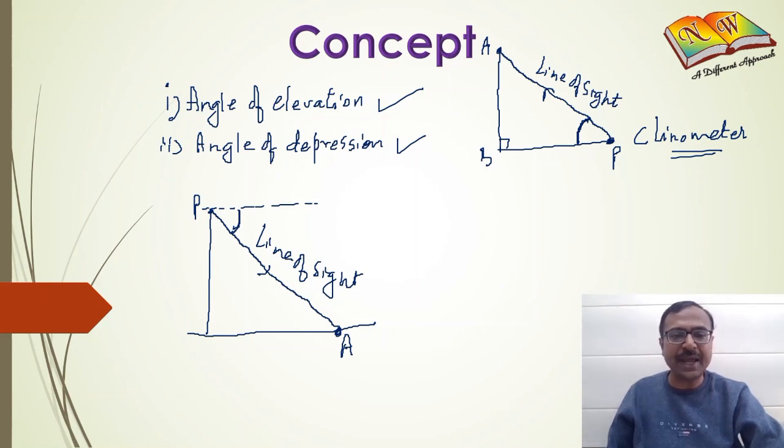So how do we measure the angle of depression? Again, the use of a clinometer. So if we know how to make a clinometer, then we can measure the angle of elevation and angle of depression, which are used to find the heights and the distances between objects.